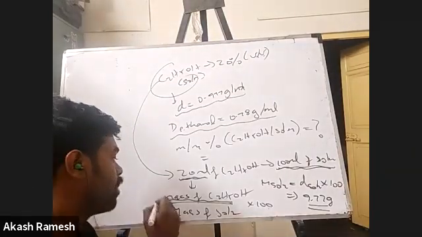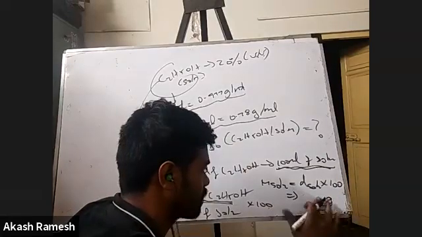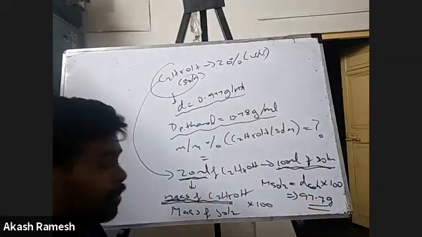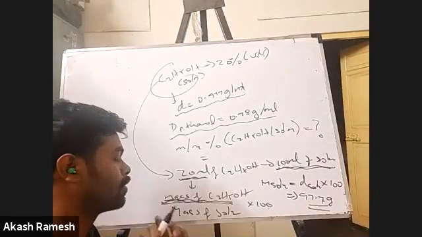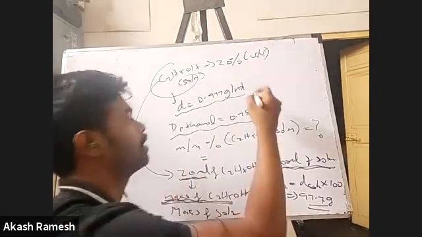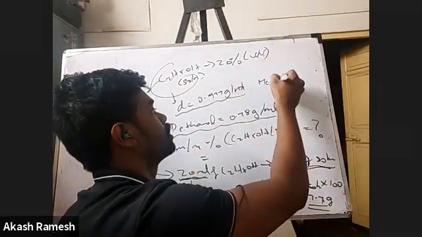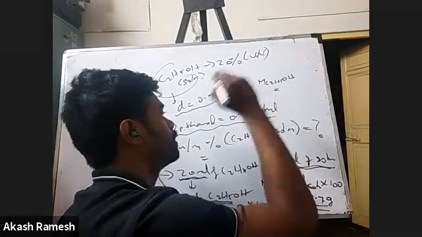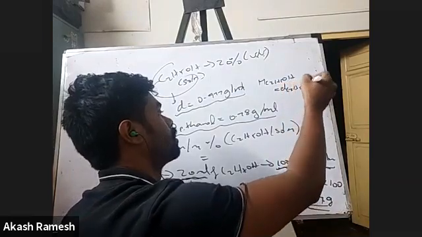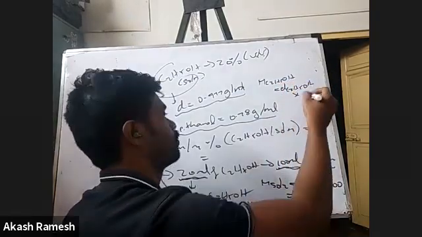Now how will you calculate the mass of the solute, ethanol? I know the volume of ethanol, so the mass of C2H5OH will be density of C2H5OH into the volume, which is 20.